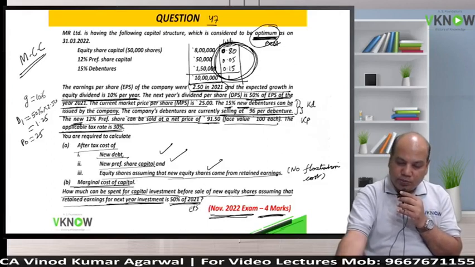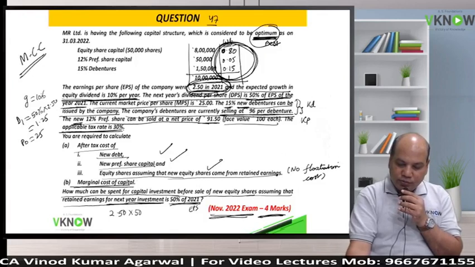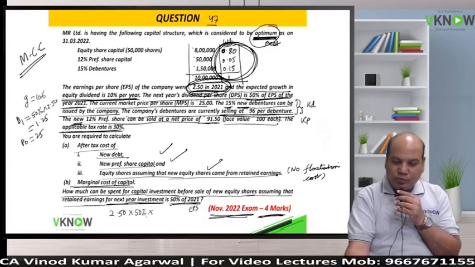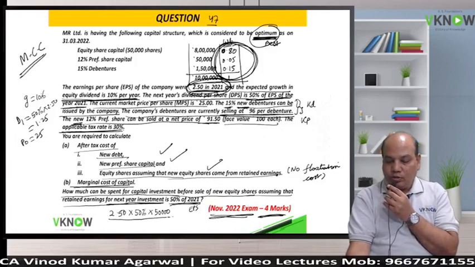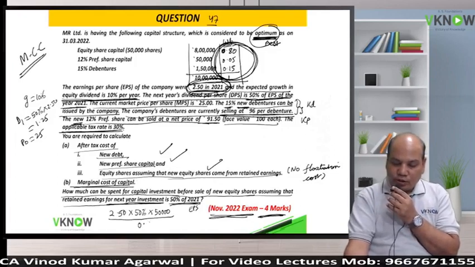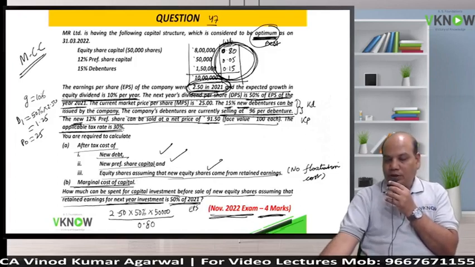So what is the EPS of 2021? 2.50 into 50% into number of shares 50,000. This much retained earning they can use. And then you divide by the proportion of equity, that is 80%.